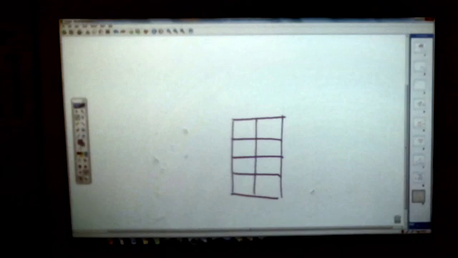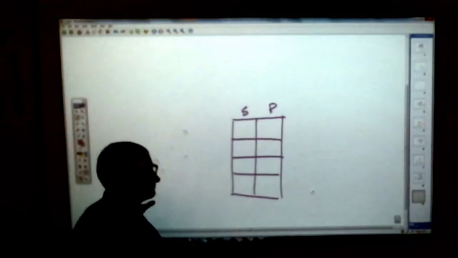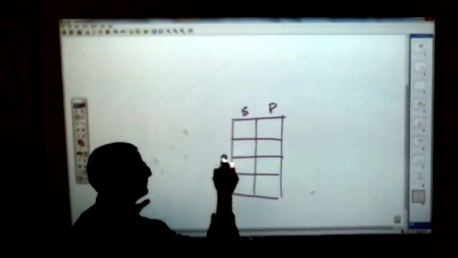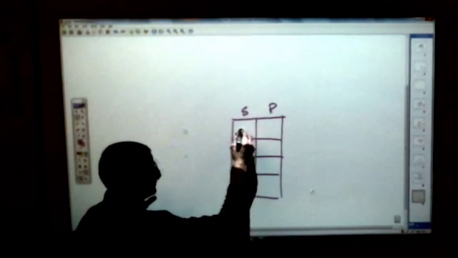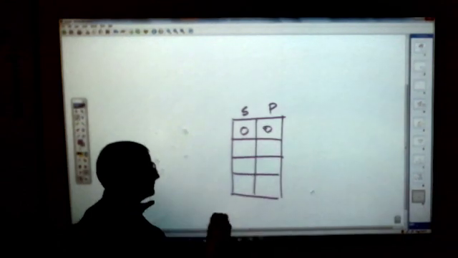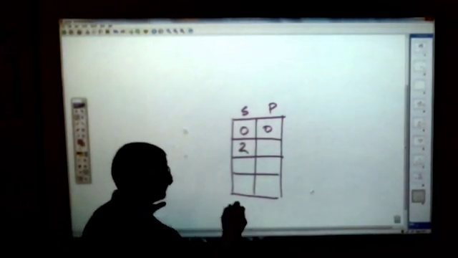S would stand for the side, and P would stand for the perimeter. It's an equilateral triangle, so all the sides are alike. So if the side was 0, what would its perimeter be? 0. If the side was 2, what would its perimeter be?